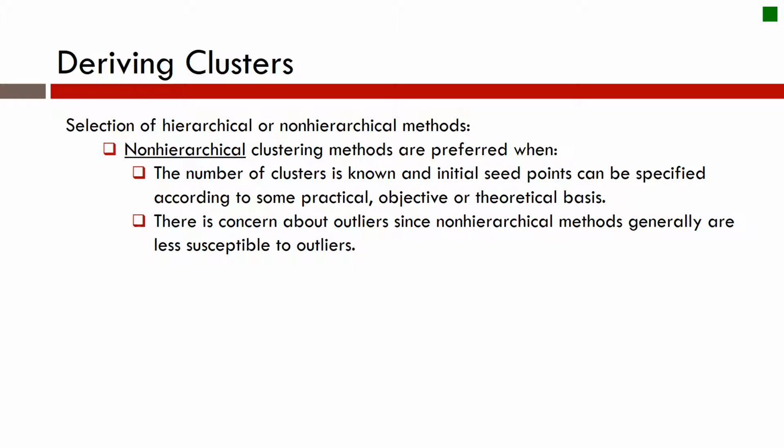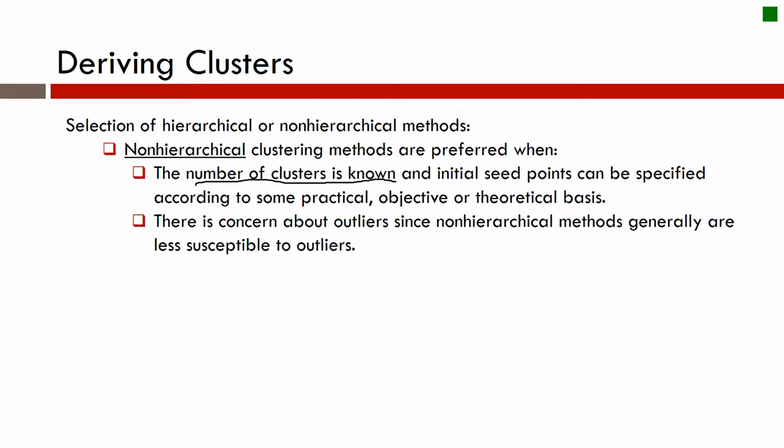The other thing to know about cluster methods is that oftentimes clusters are formed using several methods, and an analysis of both methods is used. Sometimes we do hierarchical clustering and then non-hierarchical after as a confirmatory step. Non-hierarchical clustering methods are preferred when the number of clusters is known in advance.